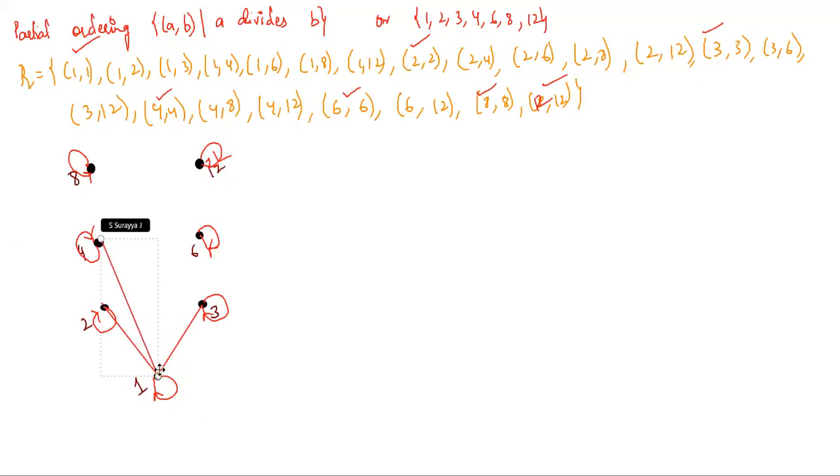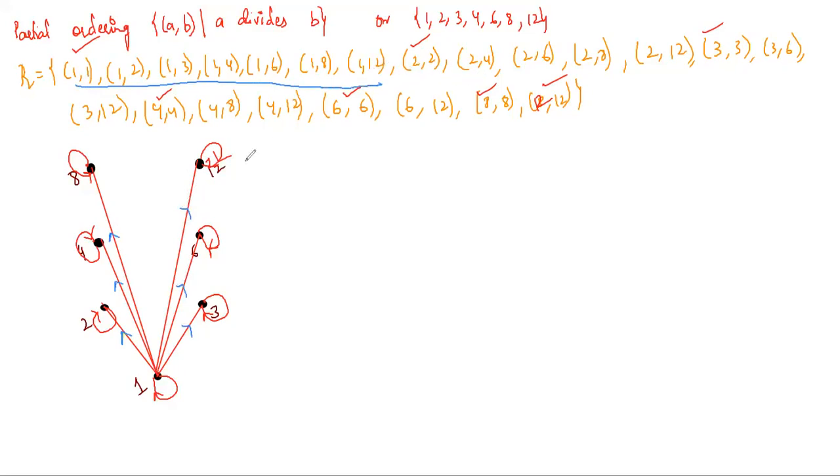We have 1, 4, 1, 6, 1, 8, and then finally 1, 12. And for all of these, the direction is from 1. So let's give the direction: 1, 2, 1, 3, 1, 6, 1, 4, 1, 12. Okay. So now this entire part has been completed.